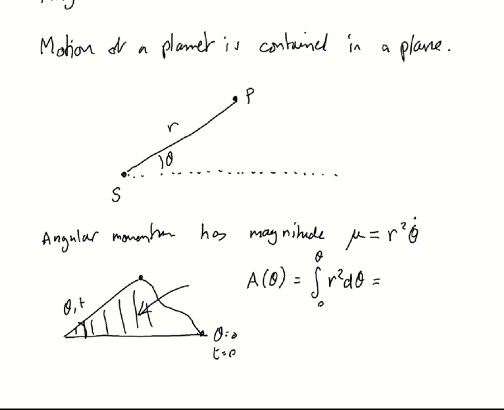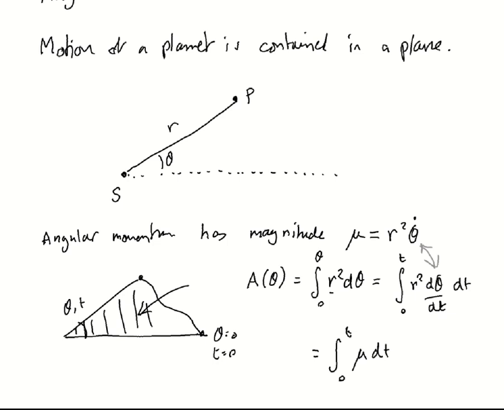But hang on a minute, I can now regard that as the integral from 0 to t of r squared times d theta by dt. And remember that theta dot, there we are, is mu. So this is the integral from 0 to t of mu dt, which is a nice integral.